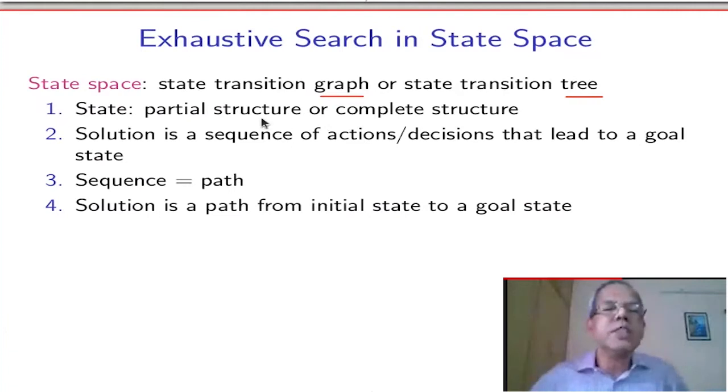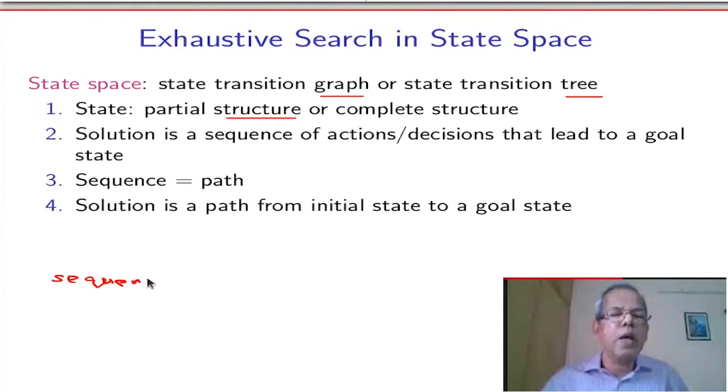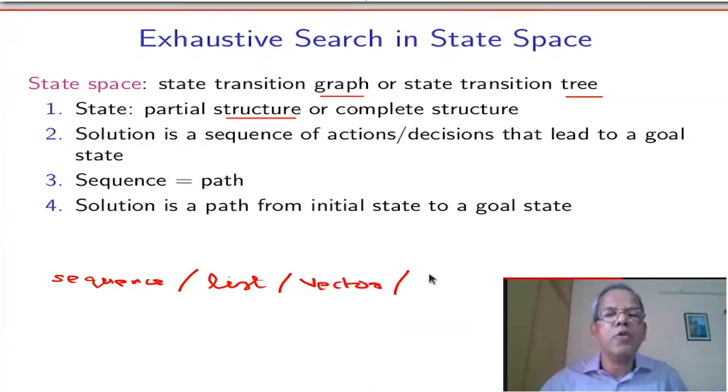The state is represented by a structure. For now, I am not committing to the structure. The structure may be a sequence. I use the word sequence, you may use the word list, or you may use the word vector, or you may use the word array.